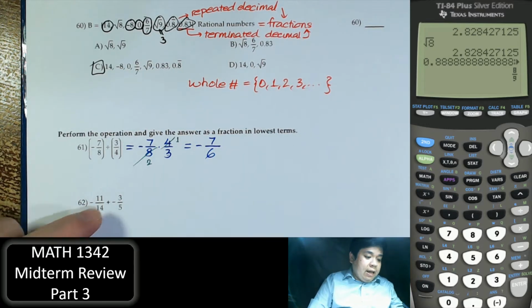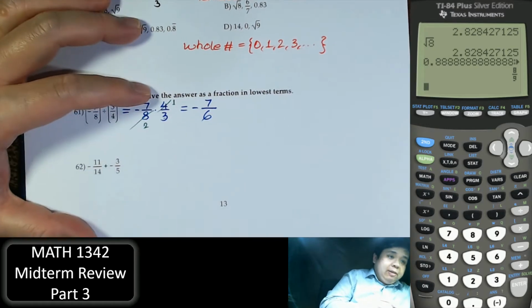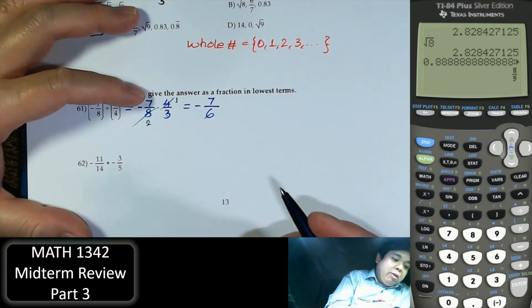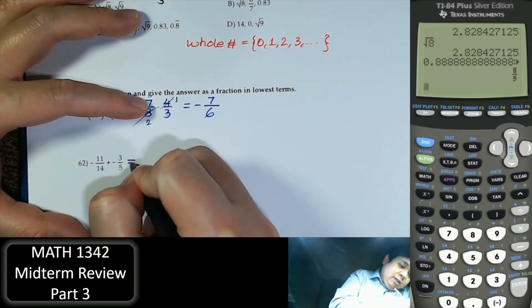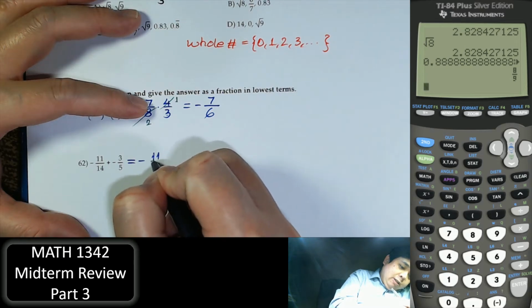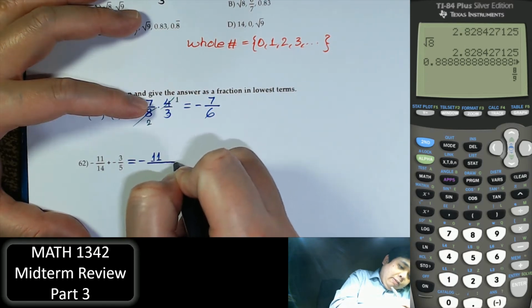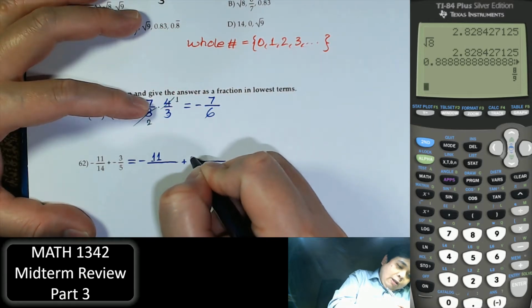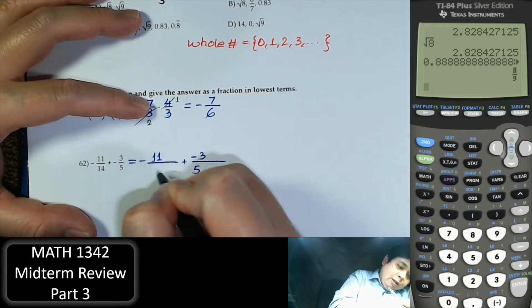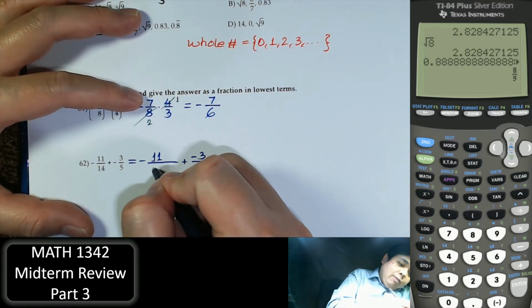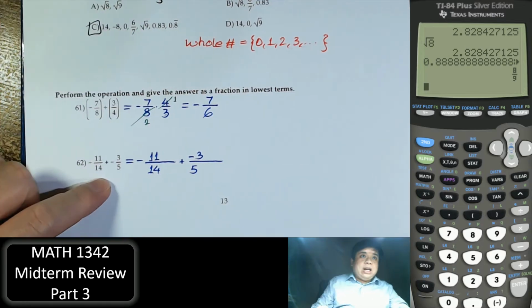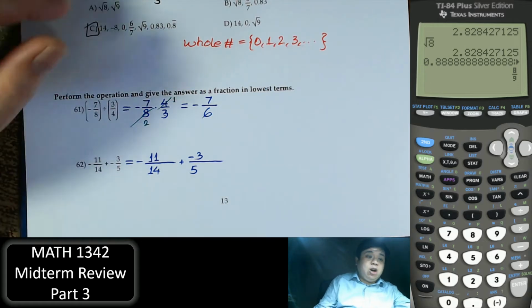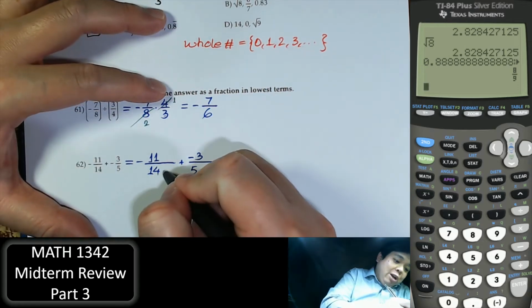Next, adding. When adding fractions, we have to find a common denominator. In order to get the common denominator of 14 and 5, we find the least common multiple of 14 and 5, so that will be 70.